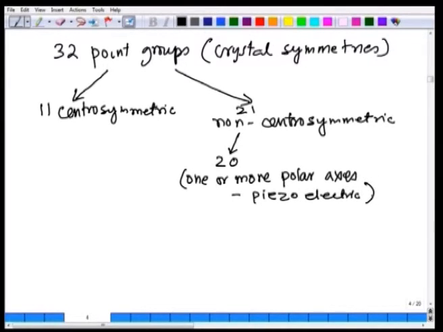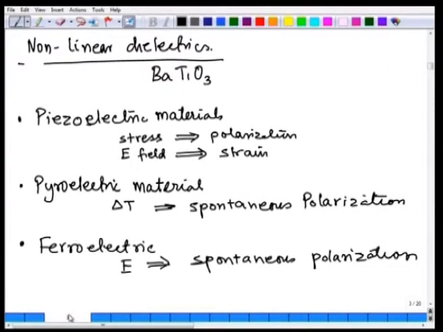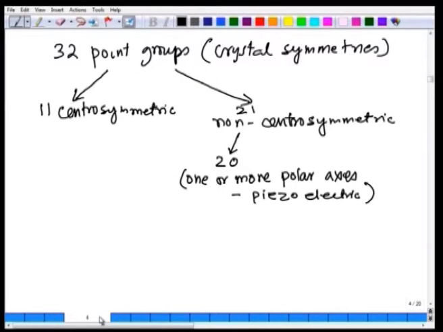The point I am making is that it is the non-centrosymmetricity which gives rise to piezoelectricity, and this, as an example, I am going to show you in a minute. So, this gives piezoelectric material.